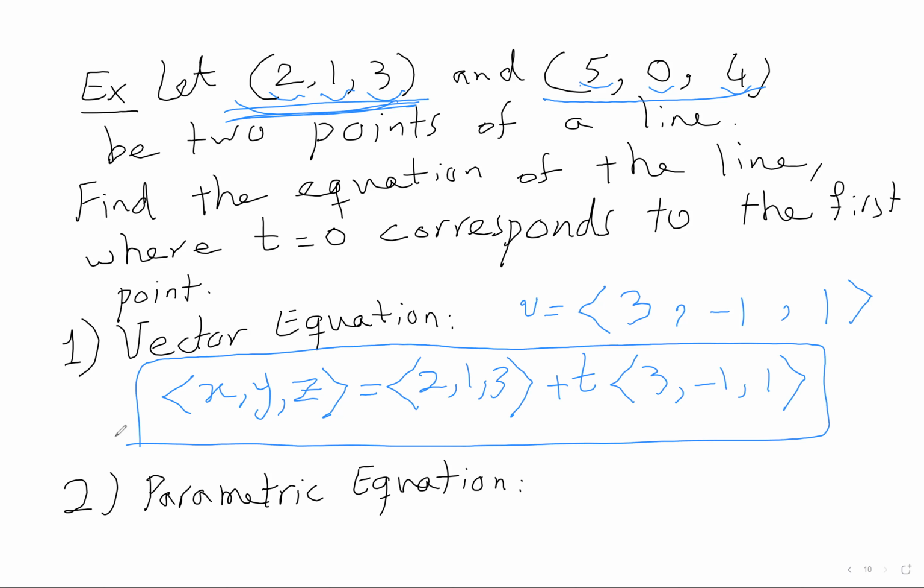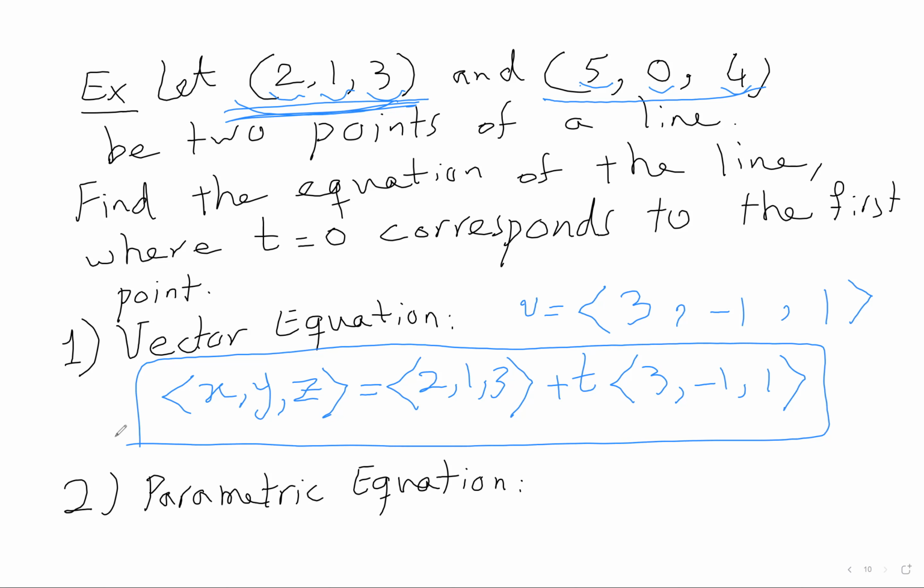So now this is the vector equation of the line which connects these 2 points. And when t is 0, obviously, the first point is given. The second term disappears, and we only have the first term, the vector 2, 1, 3, which corresponds to the point 2, 1, 3.